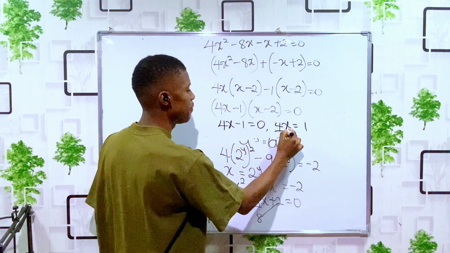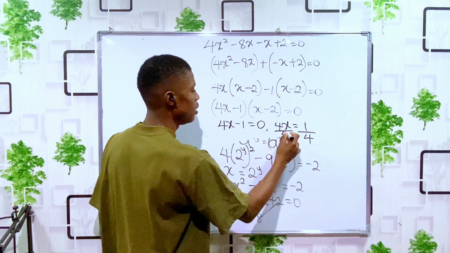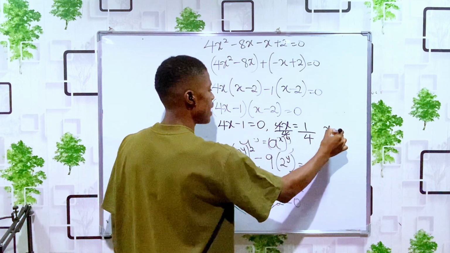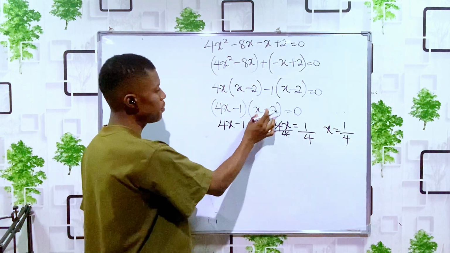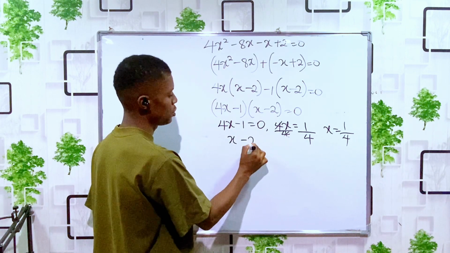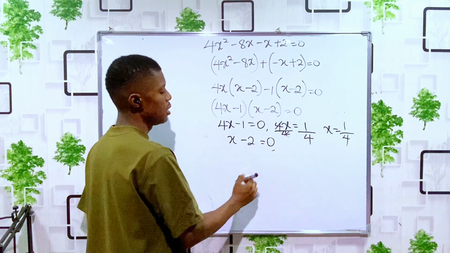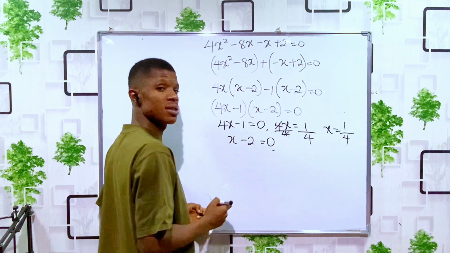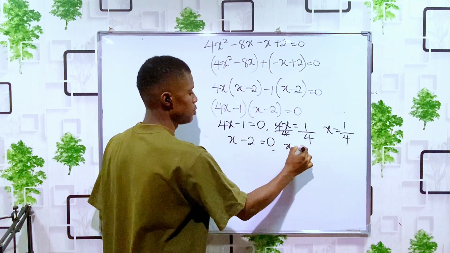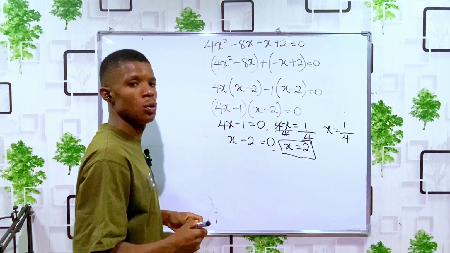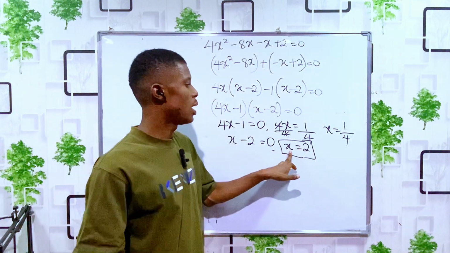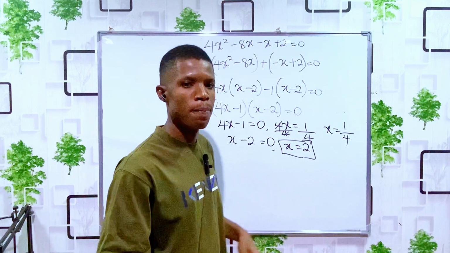We divide through by 4, and my x is equal to 1 over 4. Now the second bracket, x minus 2, should also be 0, meaning that if minus 2 crosses the equality sign, x is equal to 2. So x is 2 and x is 1 over 4.